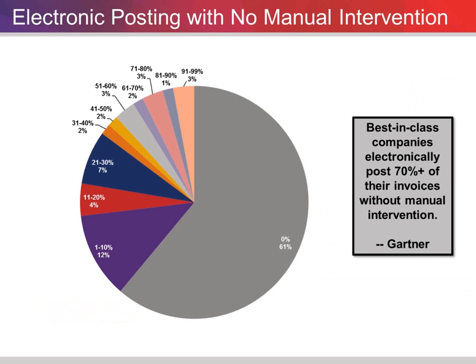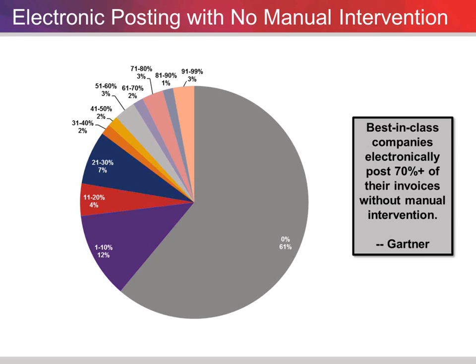So, how are organizations faring? Well, the early users of the maturity model are showing that they have a long way to go. When we asked about the percentage of electronic posting with no manual intervention, what we found is that more than half of the respondents actually report 0% electronic posting.